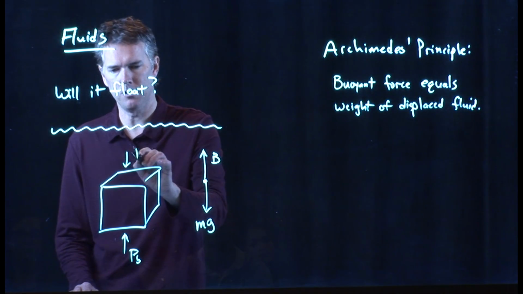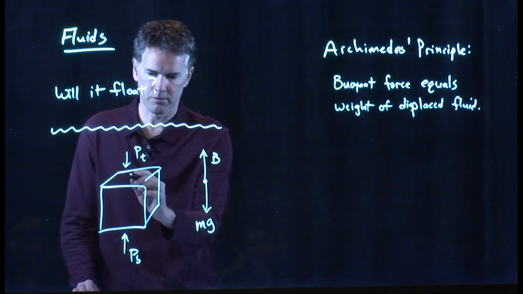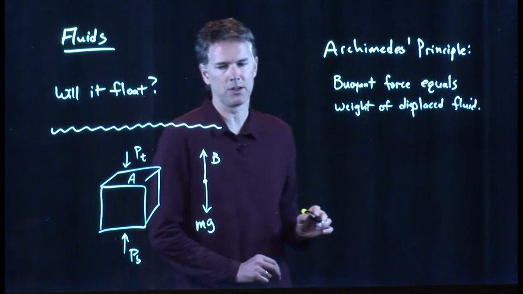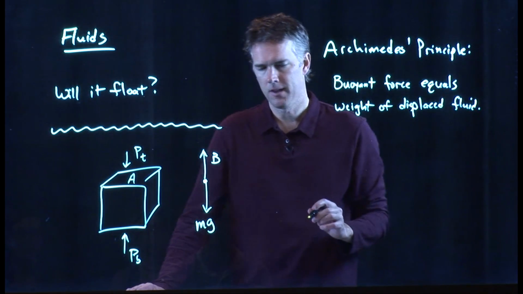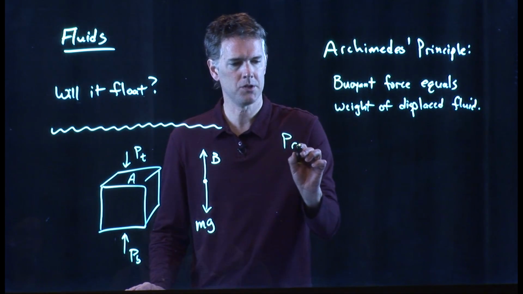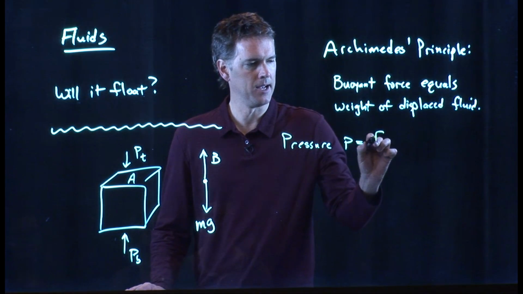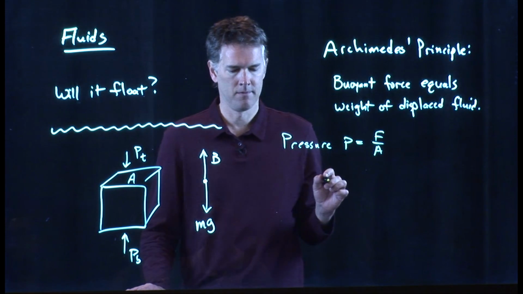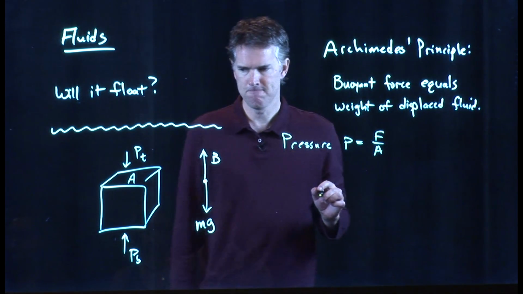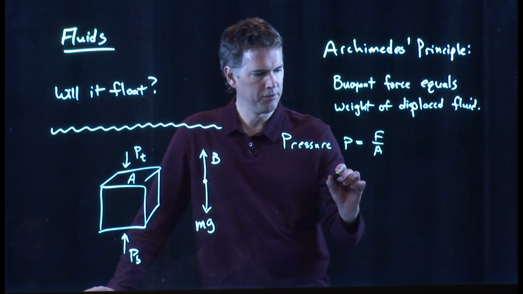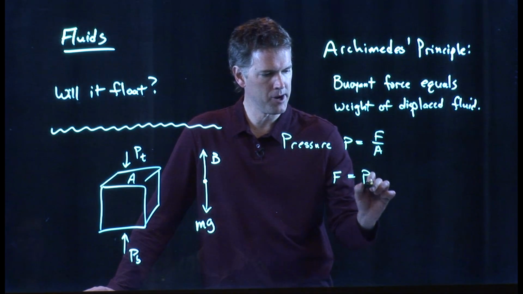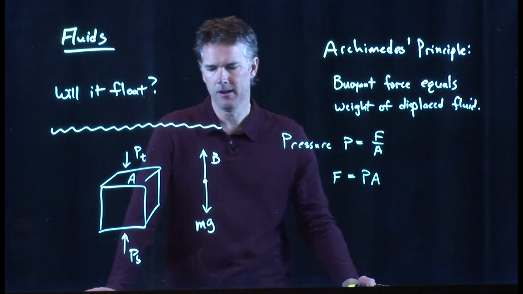There's some pressure on the top of the box. The box has a cross-sectional area A, and we know what pressure is. Pressure is just force divided by area. All right. So force is therefore pressure times area.